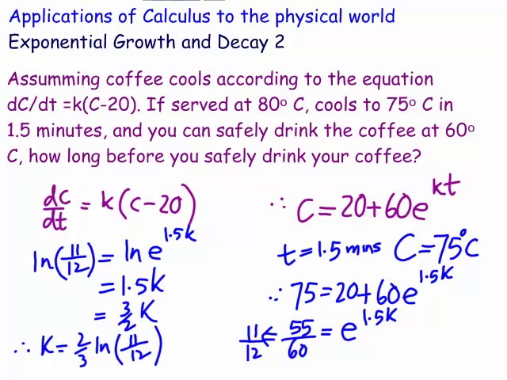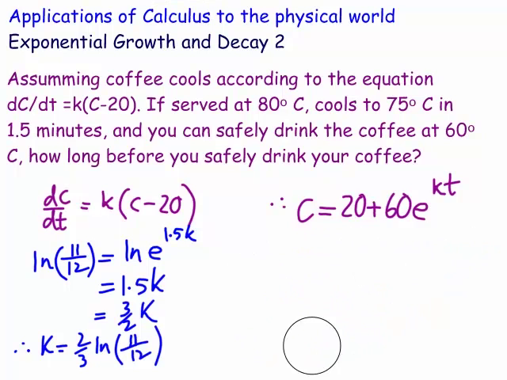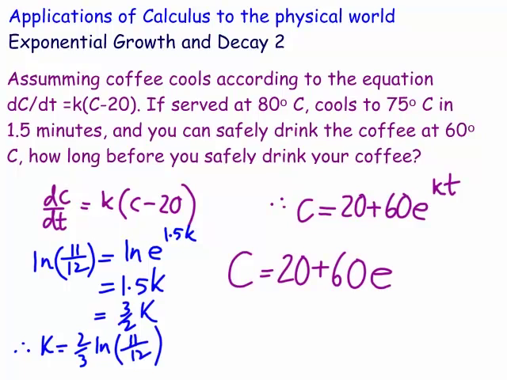So we now know that the coffee's temperature, C, is going to follow this function, plus 60, with e to the power of k t, where k is 2 on 3 ln 11 on 12. The t, which I'm going to write in red, is the time we're after.